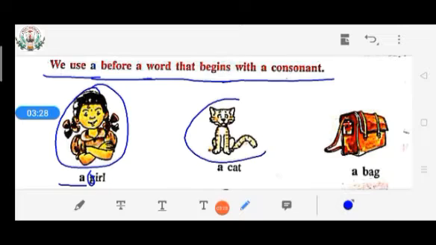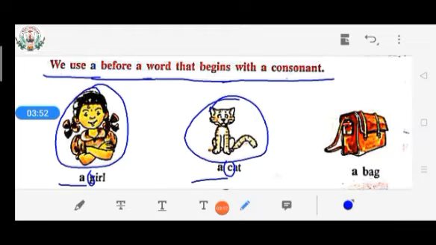Look at the second picture, children. Second picture is cat. The first letter of cat is C. So, it is a consonant sound. So, we will use a cat. Look at the third picture, children.